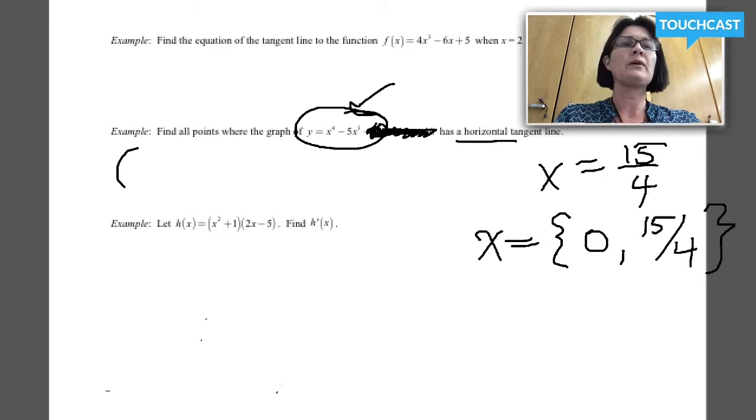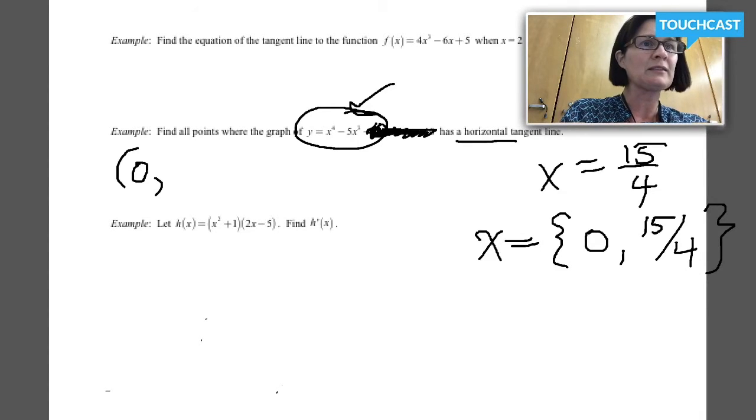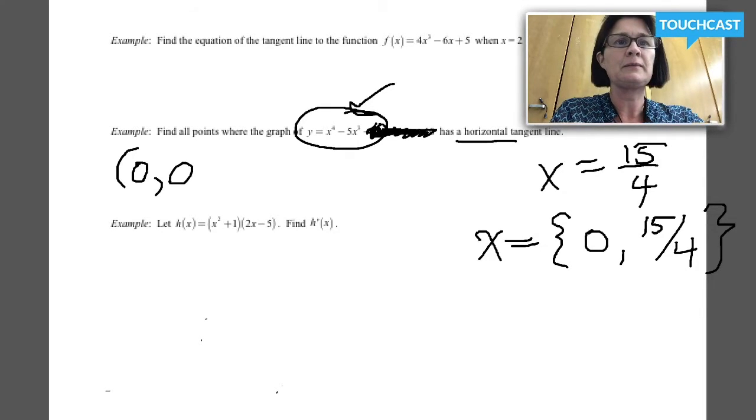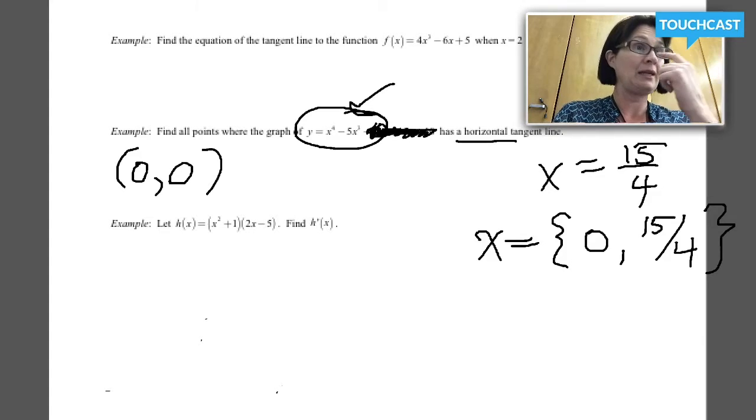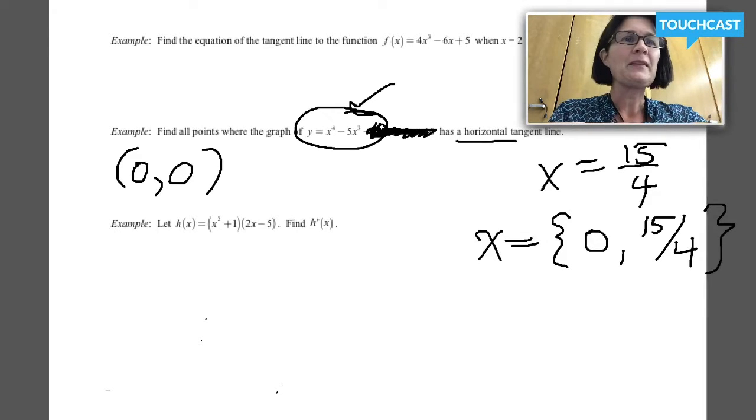So I think the points are 0, comma. What do we think y is when x is 0? Oh, that's nice, it's 0. What do we think y is when x is 15/4? Sorry, guys. You'll be fine. So my other one is going to be 15/4, comma.